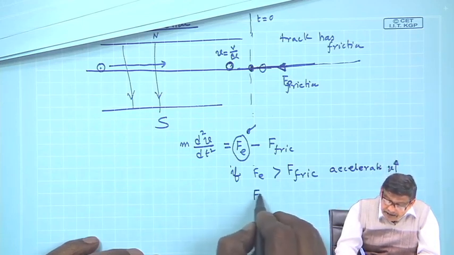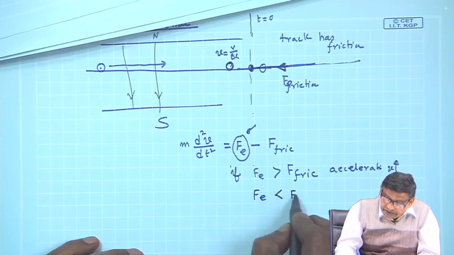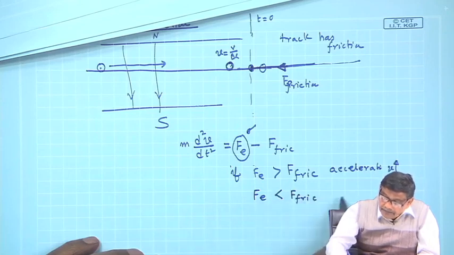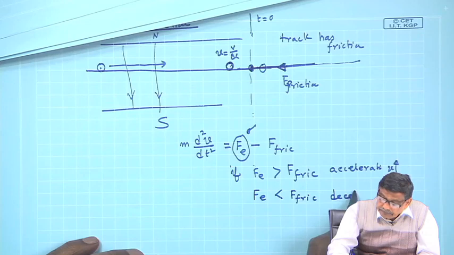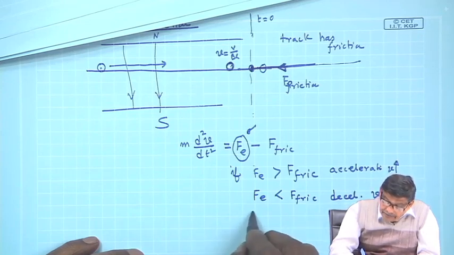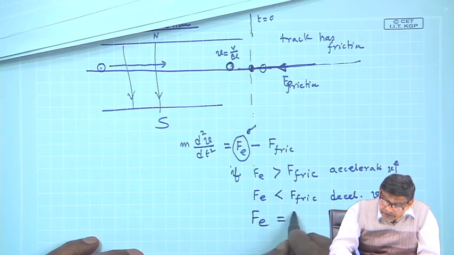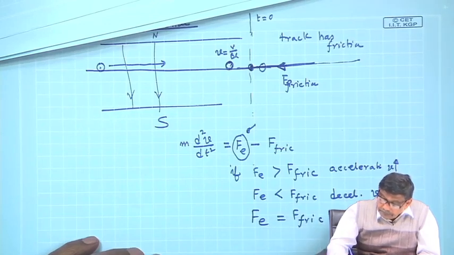If F_E is less than F friction, deceleration, v will decrease. And if F_E is equal to F friction, then v is constant.